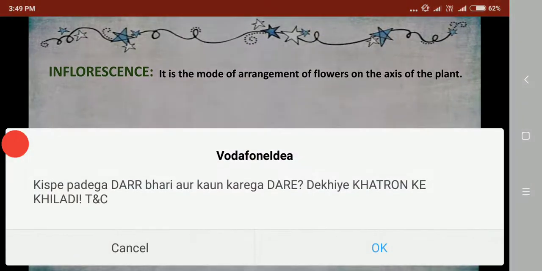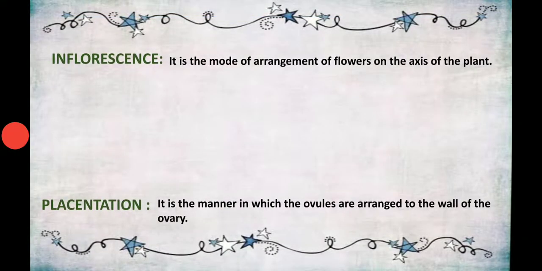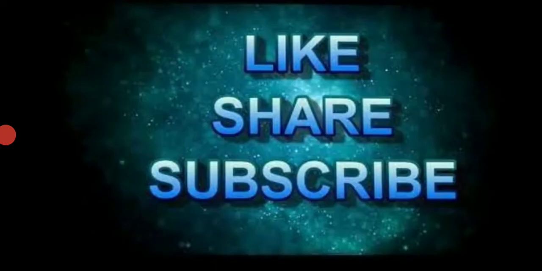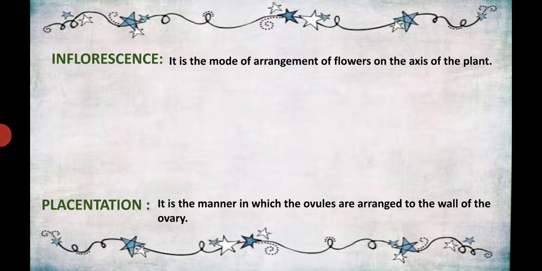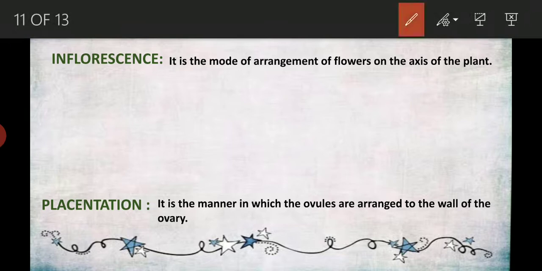Now there are two terms, inflorescence and placentation. Inflorescence means the mode of arrangement of flowers on the axis of the plant. That means how the flowers will be arranged, because in a plant, flowers may be arranged in several ways in different plants.